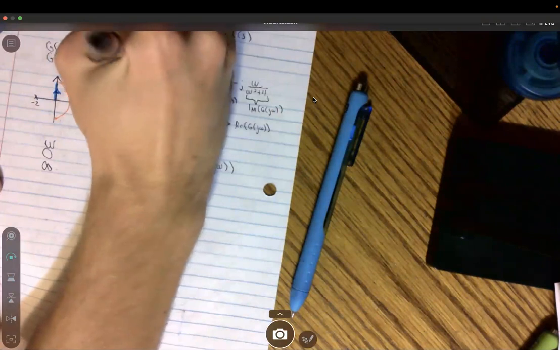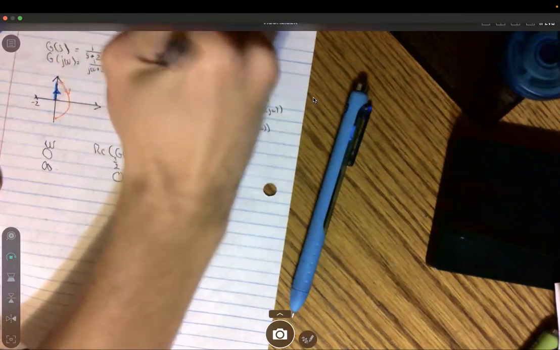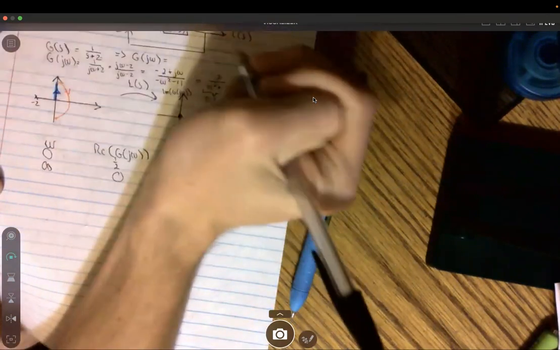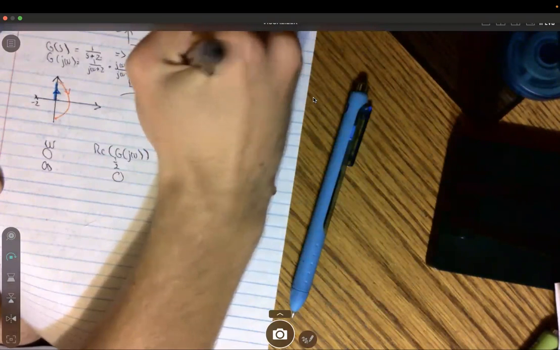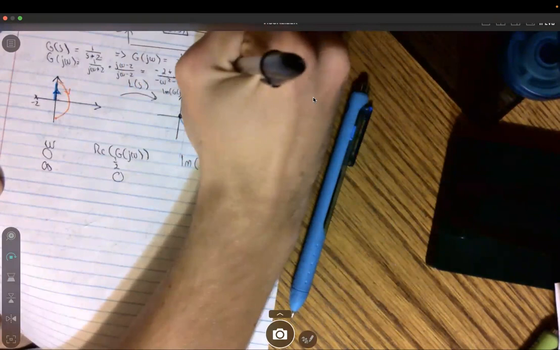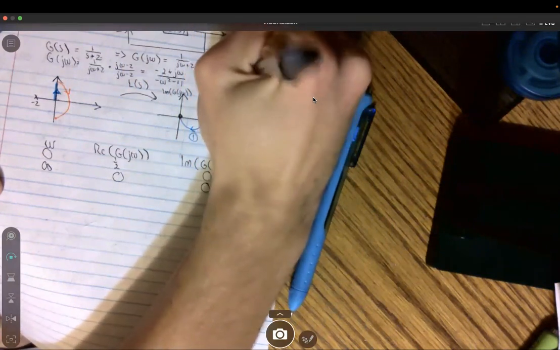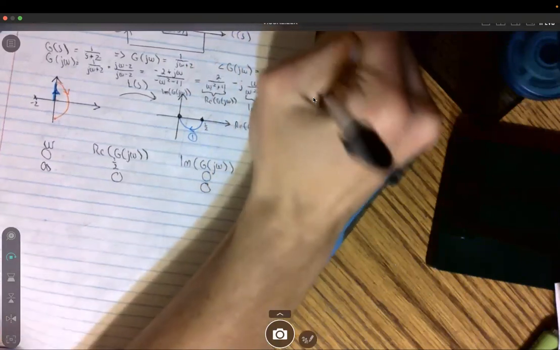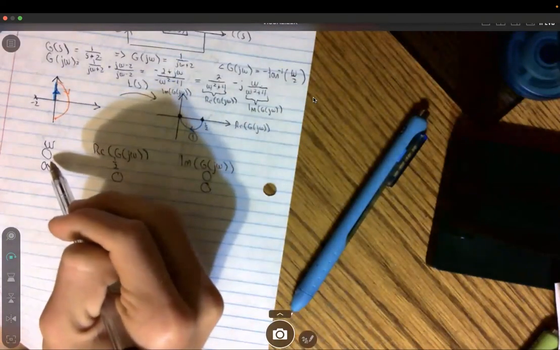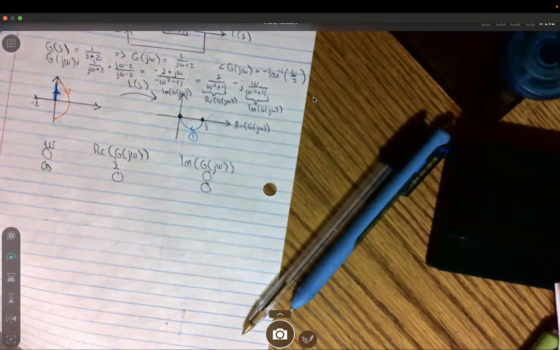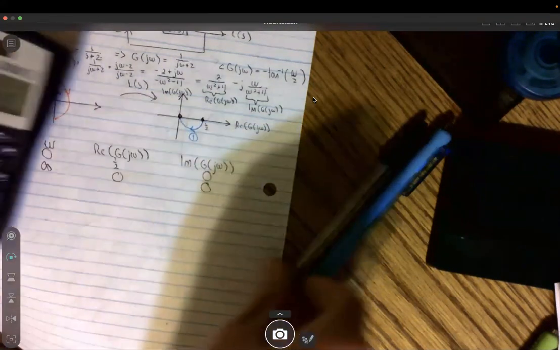So remember, for J omega, this was finding the real and imaginary: 1 over J omega plus 2, and the angle is going to be minus tan inverse of omega over 2. As you increase omega, when omega equals 1, it's minus tan inverse of 1 over 2, which gives you about -26.